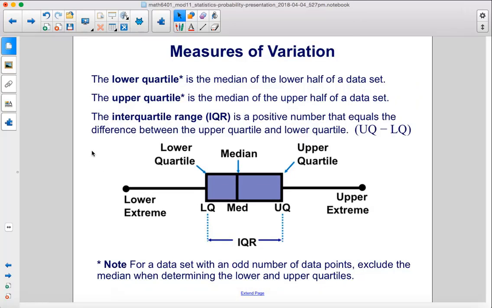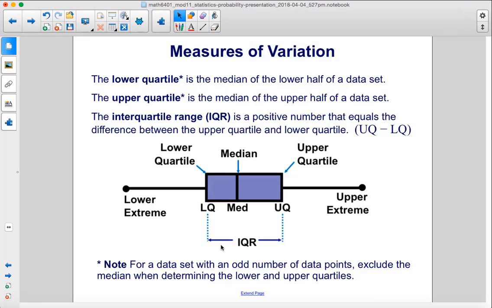The lower quartile is the median of the lower half of the data set. Here, this line on the left side of the box. The upper quartile, UQ, is the median of the upper half of the data set. The interquartile range, the IQR, is a positive number that equals the difference between the upper quartile and the lower quartile.